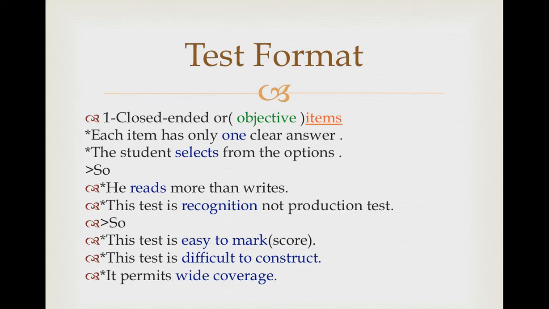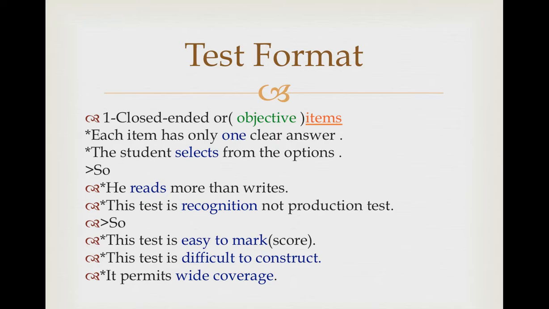The first one is closed-ended or objective items. Well, what are the qualities of such format? Number 1, each item has only one clear answer. And again, the word item means نقطة في السؤال.